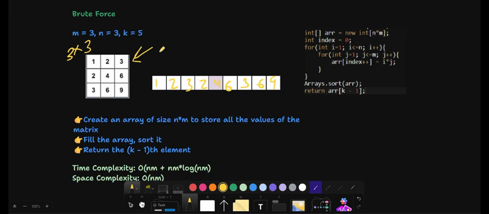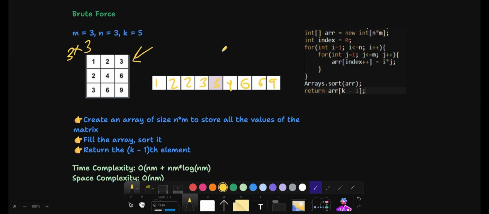It's asking for the fifth element. So this is the first, second, third, fourth, fifth. So this is the fifth element. But can we return 4? No, because this array is not sorted. So we have to first sort this array: 1, 2, 2, 3, 3, 4, 6, 6, 9.